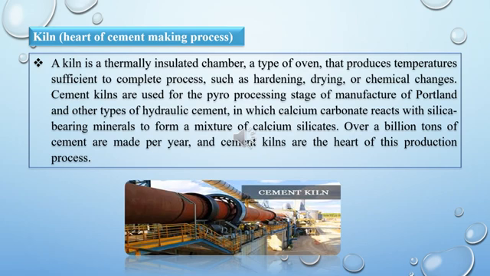And at the end, it was said that there are different kinds of reactions which occur in the kiln, like the reaction of silica with calcium carbonate. And the kiln is known as the heart of cement production because millions of tons of cement are produced by using the kiln.